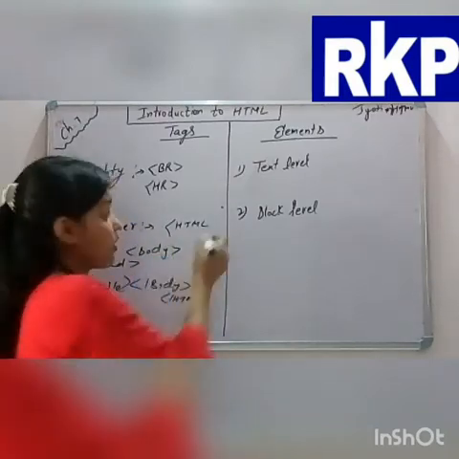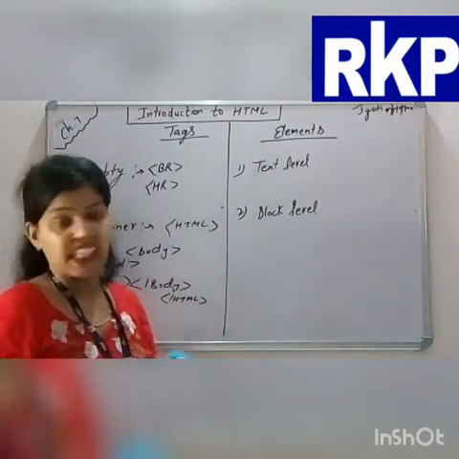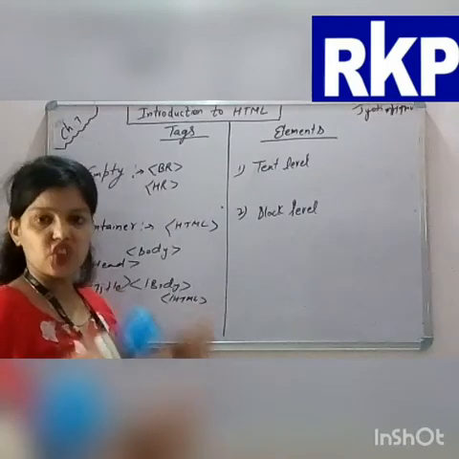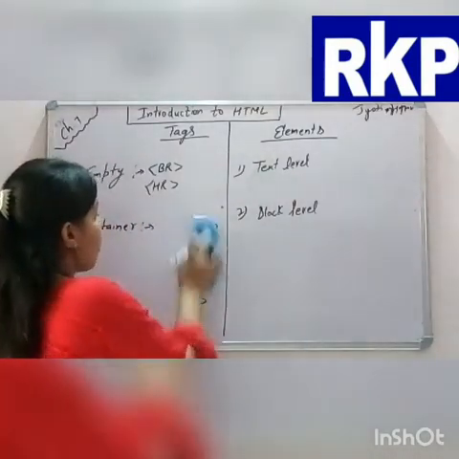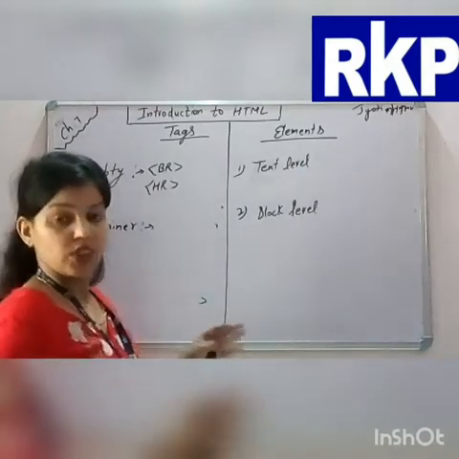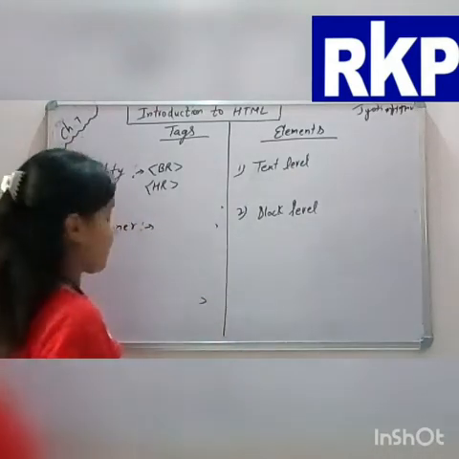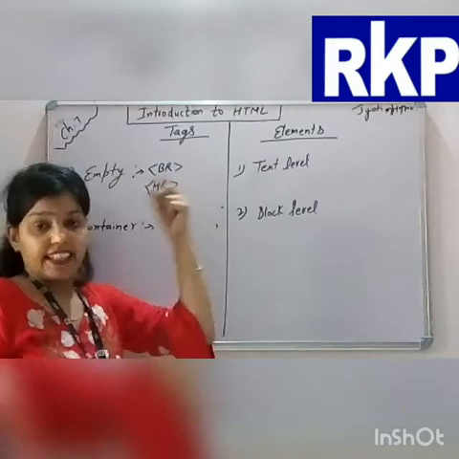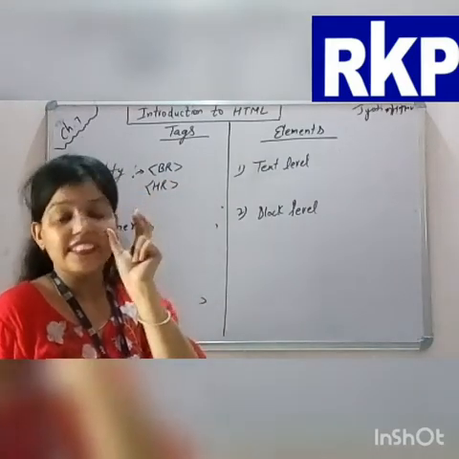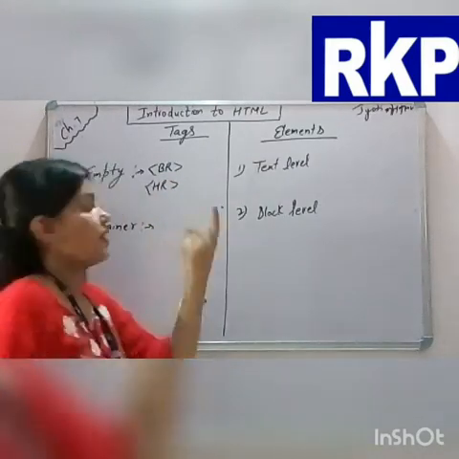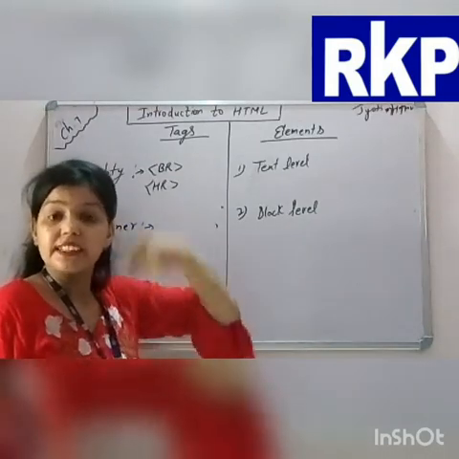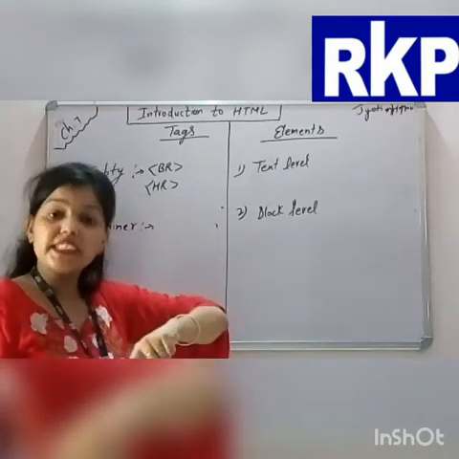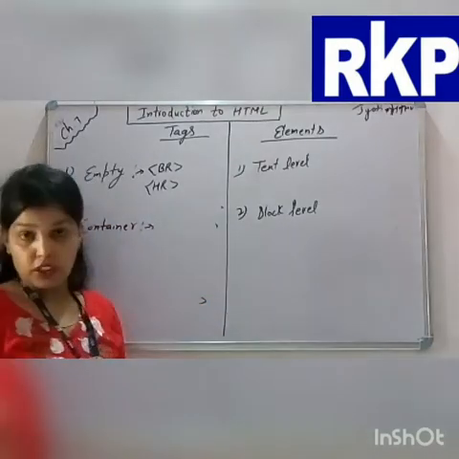These all have opening as well as closing tags. So these are container tags. I hope both are clear. We have opening tags and closing tags, and basically empty and container. If a tag is present single, only opening is here, then it is empty. If a tag is present in a pair, opening as well as closing, that is a container tag.